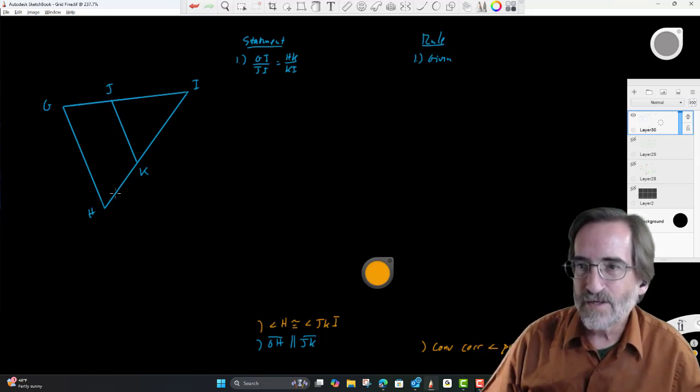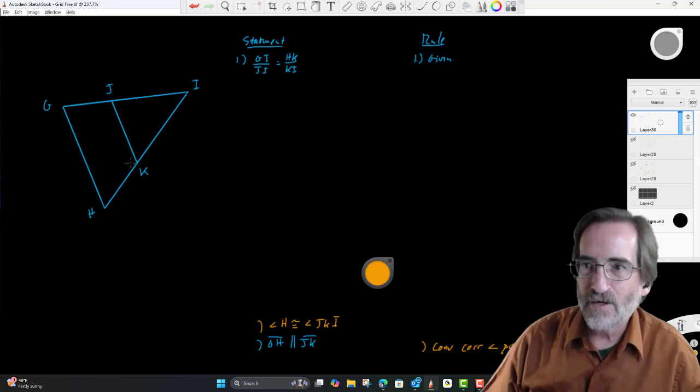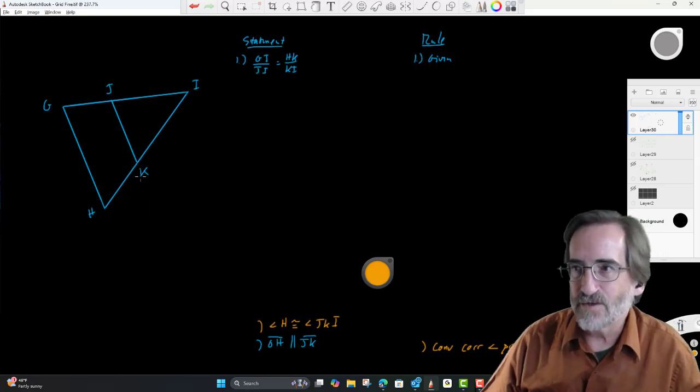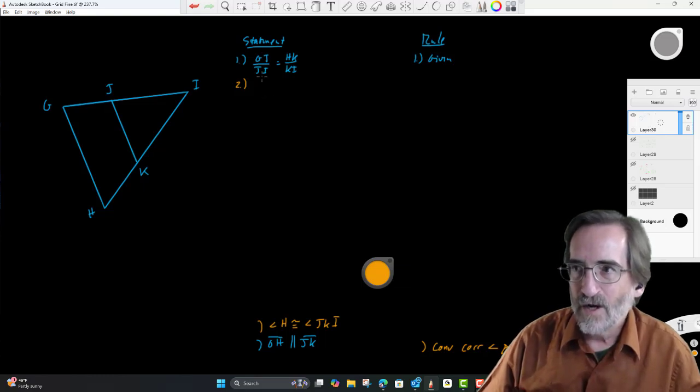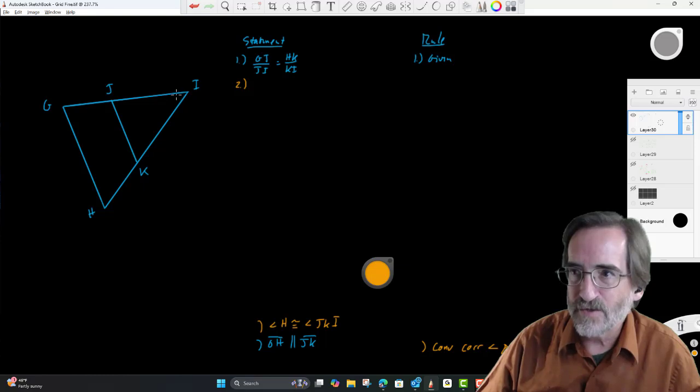So the question is, how do I get those two angles to be congruent? One way is to prove that the triangles are similar, because if triangles are similar, corresponding angles are congruent. So notice what I'm doing here. I'm working a little backwards as well as working forwards. I know the starting point and I know the destination. So let's go prove the triangles are similar.